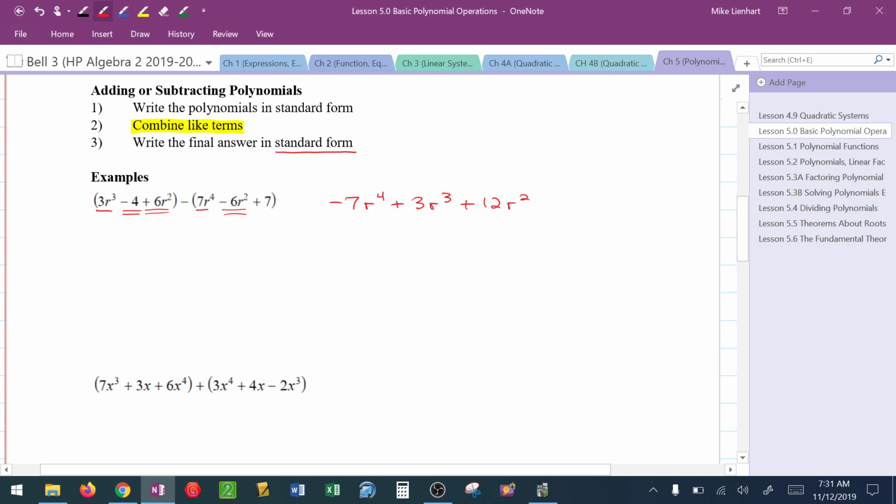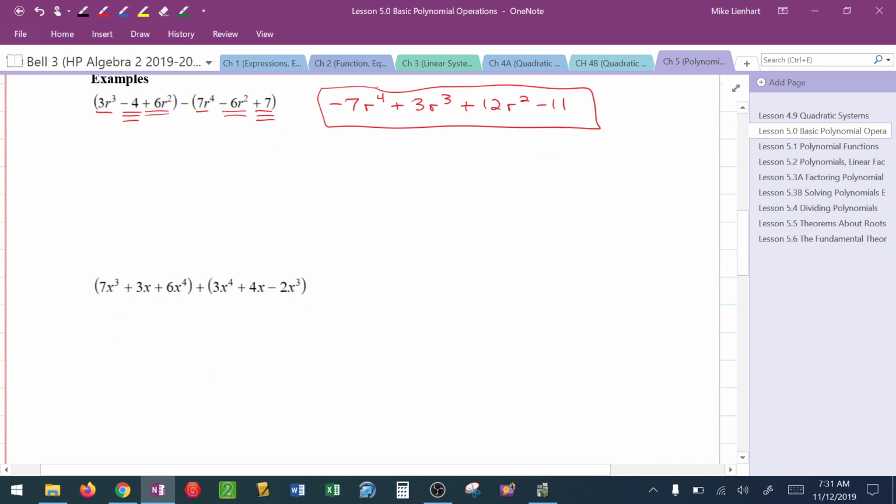I come back to my constants, and again, watch the operation. I have negative 4 minus 7, which is negative 11. I make sure that all the variables are in descending order, or that the polynomial is in standard form, and I'm simply finished.